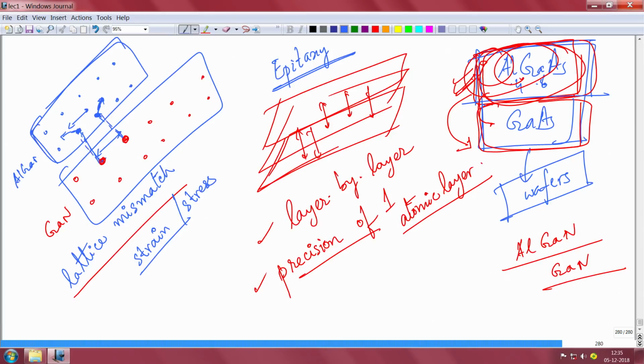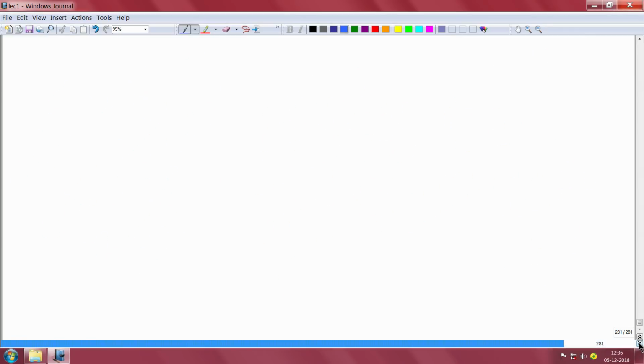This is called strained aluminum gallium nitride. There is a strain, or a stress, developing in the aluminum gallium nitride layer, because the spacing here is slightly lower and the spacing here is slightly bigger. If you keep growing this aluminum gallium nitride on top, it will become very strained and stressed, so the energy will increase. Eventually it will try to relax. If you grow sufficiently thick AlGaN, it will try to relax because you are straining it. This is epitaxy, and of course you have to make sure that this is crystalline, that is why it is very important.